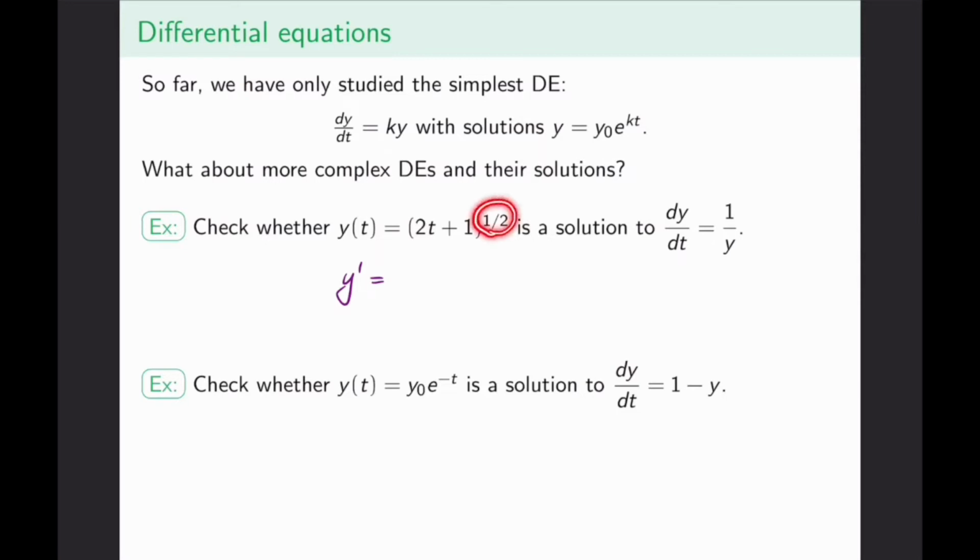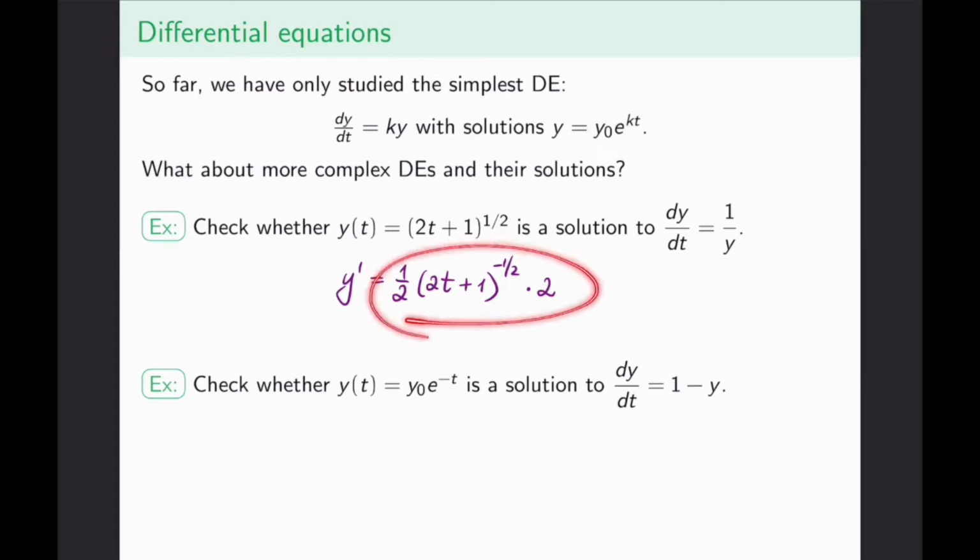The outside function is my power. It will come down to the front, and the power will get reduced by 1. 1/2 minus 1 is minus 1/2. And then I have to follow up by the derivative of the inside, which in this case is simply 2. Now, I can see that I can actually simplify this derivative by, for example, canceling out the two 2's.